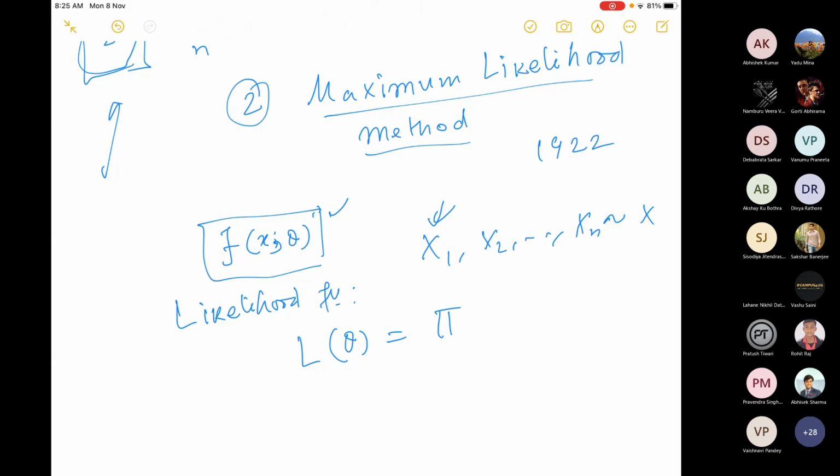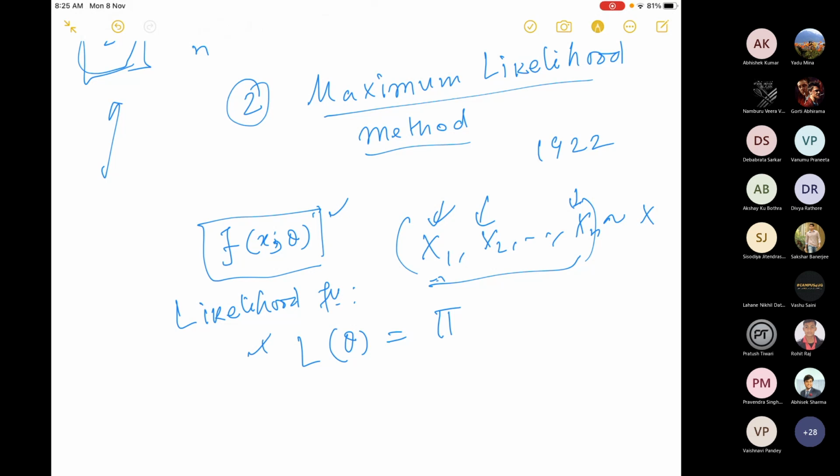So consider the PDF of this entire sample, or you can say the joint PDF of this random sample, this random vector, because each of these is a random variable. The joint PDF is again the product of the individual PDFs because they're all independent.